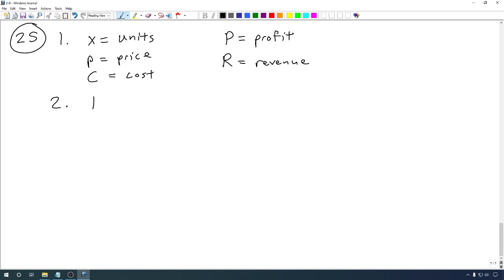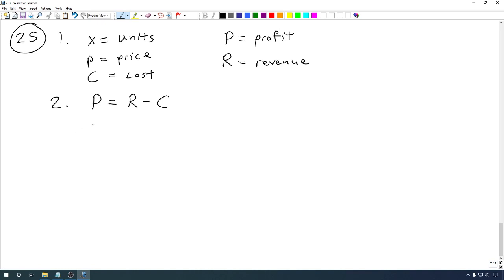So, let's start with the profit. What is a formula for profit? We have to remember these relationships between these various quantities. Profit is revenue minus costs. So we're basically starting with P, but then we're getting into R and C. We need to replace the R and C with expressions in terms of x.